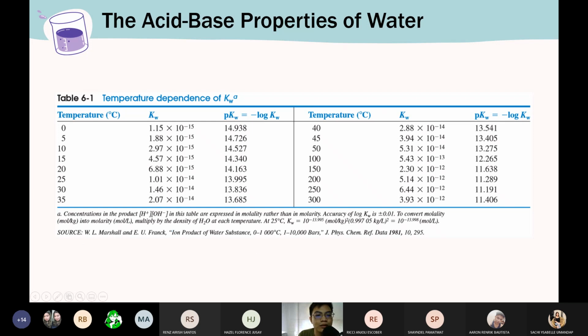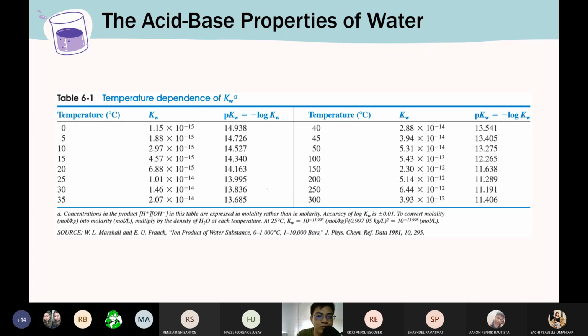Now, yung ating K value, it depends on the temperature. Okay? So if you remember the lecture na I gave last time, sabi ko doon that the K value is dependent on the temperature, no? So that is the reason why yung ating food mabilis mapanis if mainit, and hindi siya mabilis mapanis if malamig, no?